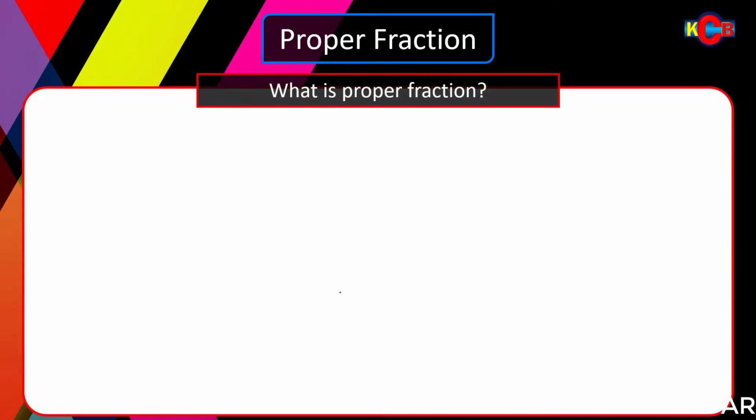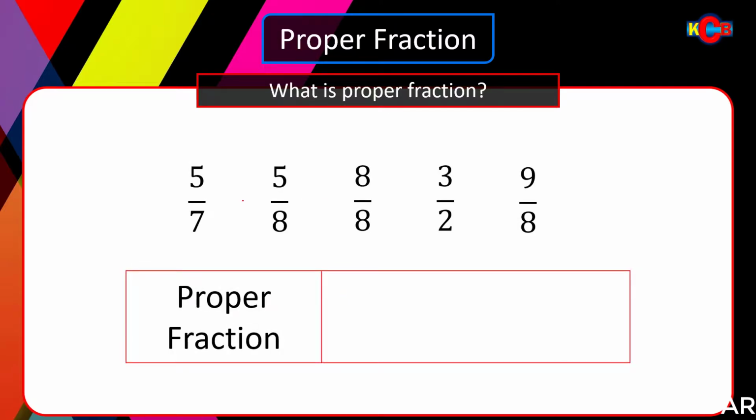Now, we test our understanding. For the first fraction, is this a proper fraction? 5/7 is a proper fraction because 5 is smaller than 7. The numerator is smaller than the denominator.